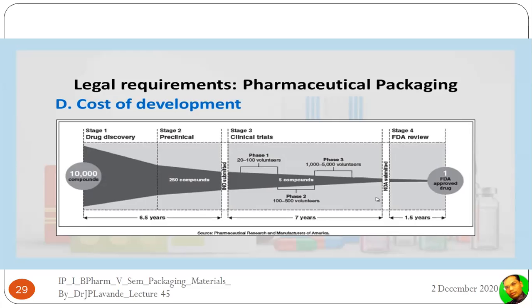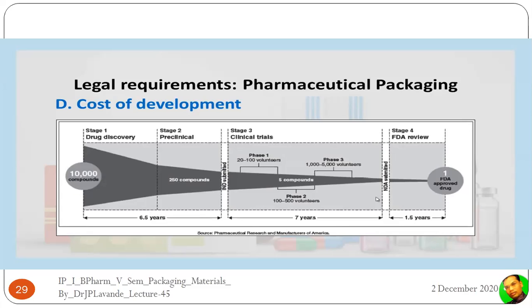Again, the whole process will take several years, around 5 to 7 years, in order to prove the efficacy, safety, and stability of the product. Once promising results have been obtained through the clinical trials, the application is submitted to the regulatory body for the NDA, the new drug approval.